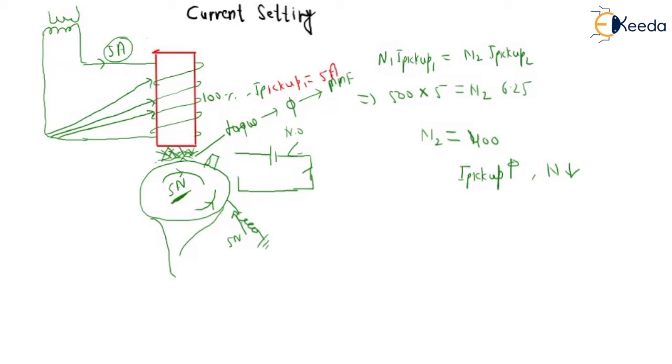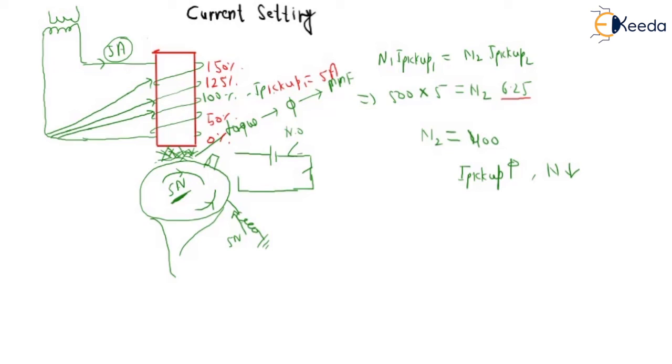So if we want to change the pickup current to 6.25, meaning if you want to increase by 25%, meaning 125%, then we have to decrease the number of turns. So this would be 125%, this would be 150%, this would be 100%, this would be 50%, and this would be 0%. So now see carefully that at this tap, let us assume this is 5 ampere.